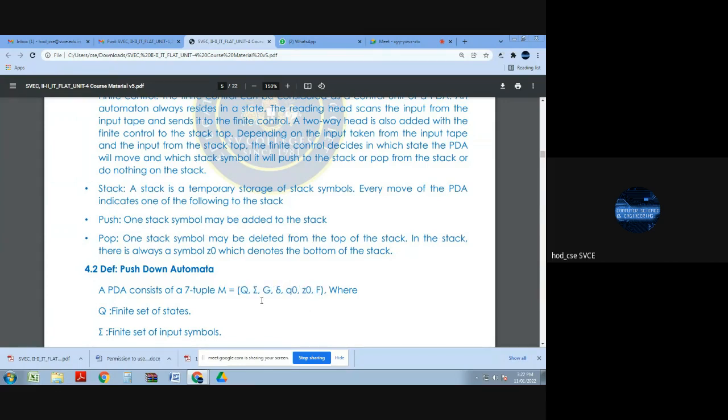Here we have two extra symbols, gamma and Z naught. Z naught I already introduced. The bottom of the stack is represented with Z naught. In the stack there is always a symbol Z naught, which denotes the bottom of the stack. If the stack is empty, it will consist of Z naught. The top of the stack initially holds Z naught.